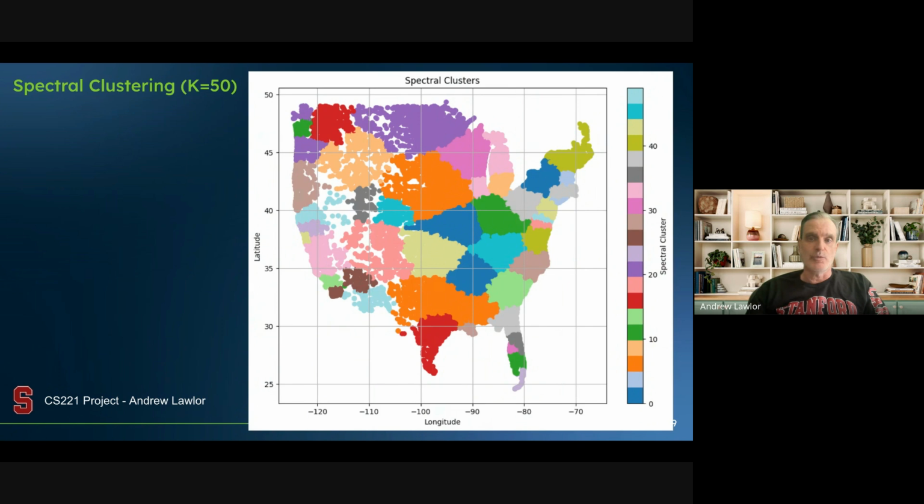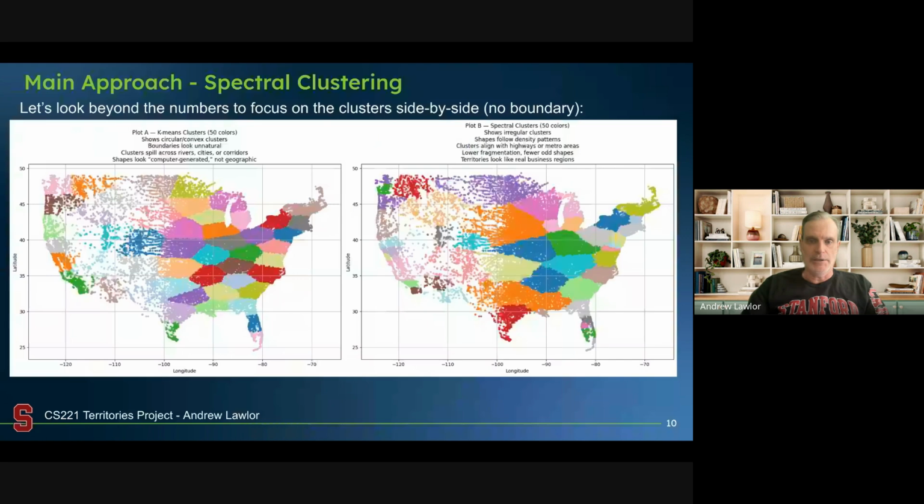Here's a graphical representation of the territories as found with spectral clustering. You can see these are no longer of equal size. It's identifying population centers and geographic boundaries, and it's creating territories for those regions. And we can look here side by side, again seeing the benefit of spectral clustering, finding population centers in LA, Bay Area, Florida, Mid-Atlantic, and Northeastern regions.